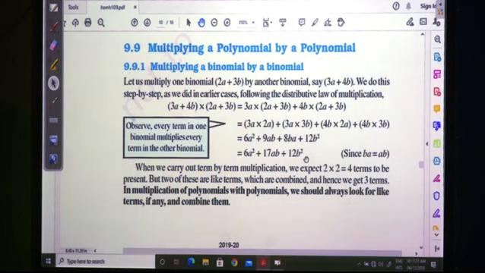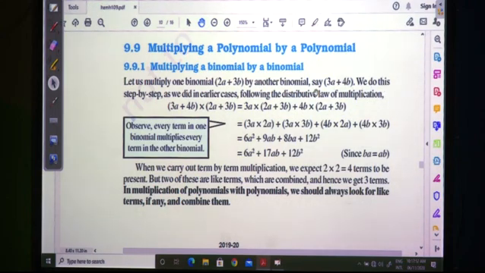Now, in that, multiplying a binomial by a binomial. What is been explained to us? Let us multiply one binomial 2a plus 3b by another binomial, say 3a plus 4b. So, these are the two binomials.